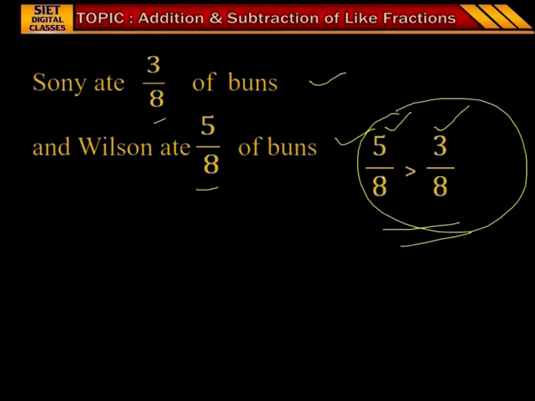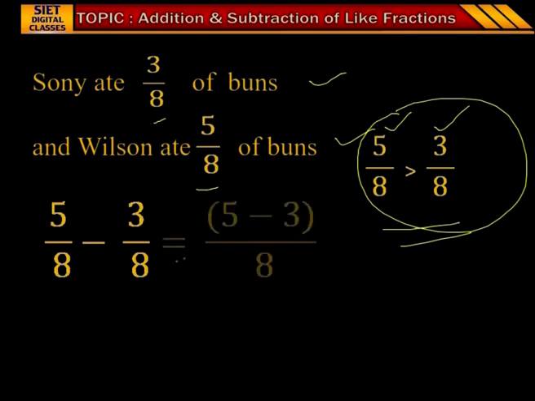Now, the bigger fraction is 5 by 8 and the smaller fraction is 3 by 8. So, when we subtract two like fractions, the smaller from the bigger, we subtract numerators and keep the same denominator 8. 5 minus 3 is 2 and the denominator is the same, 8. So, 2 by 8 is the resultant fraction which we required.